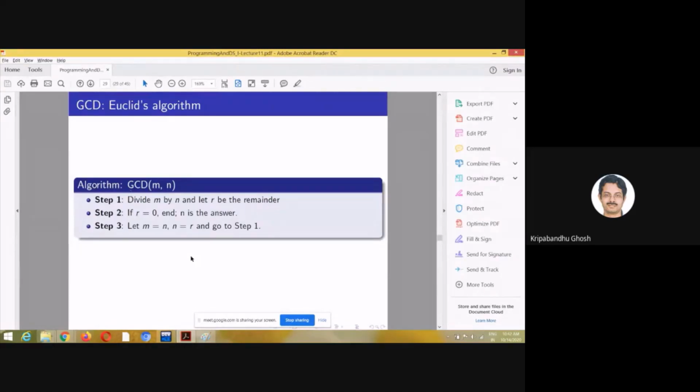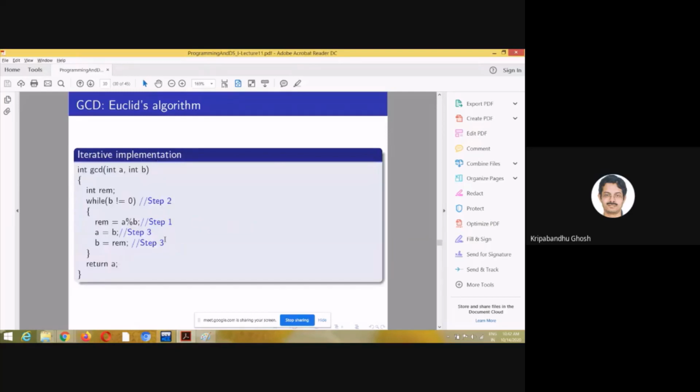This is some background, but let's go back to the algorithm. We first look at the iterative implementation.